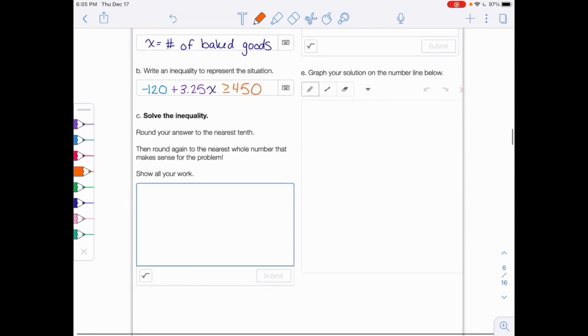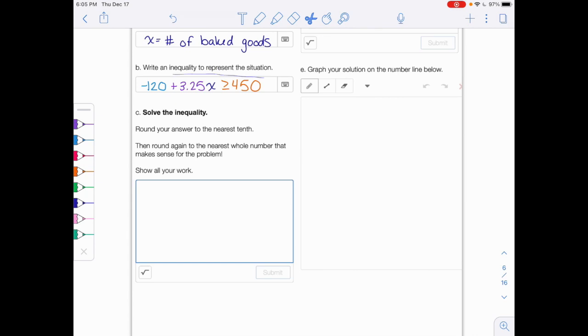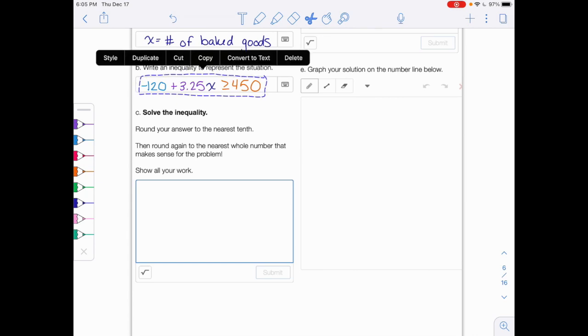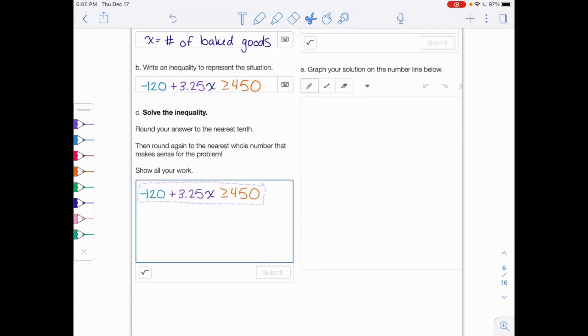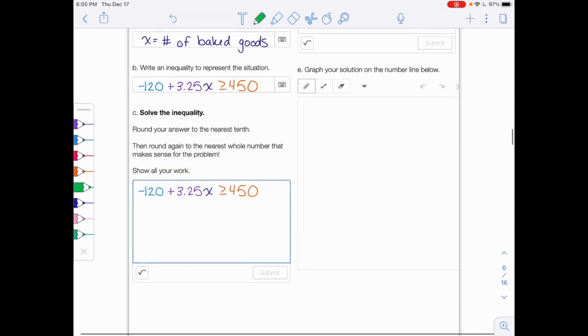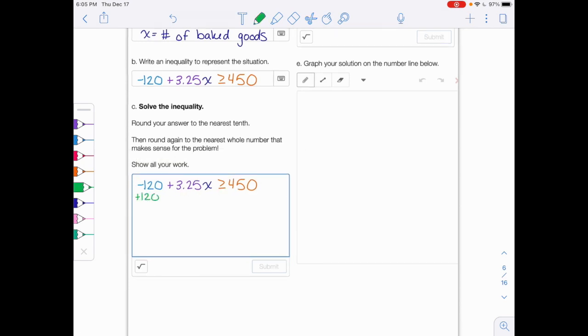We're going to solve that inequality. So I'm going to copy and paste it below. To solve, I'm going to add 120 to both sides. I really want you showing all of your steps on the test. In the event that you make a minor error like this, I can give you more partial credit. So that's going to be 570. And then I divide both sides by 3.25.